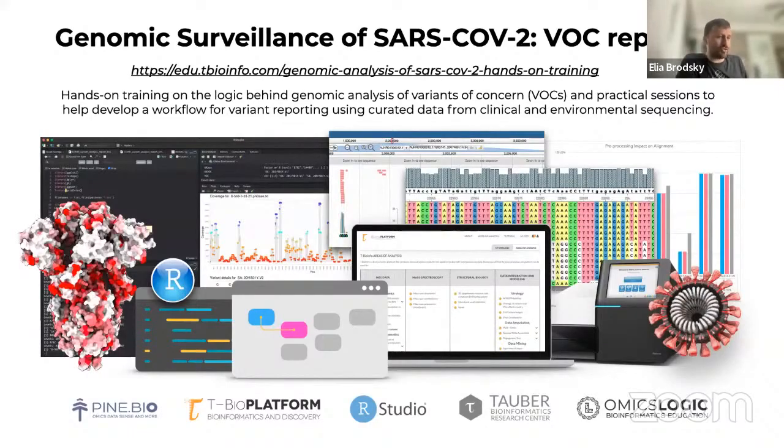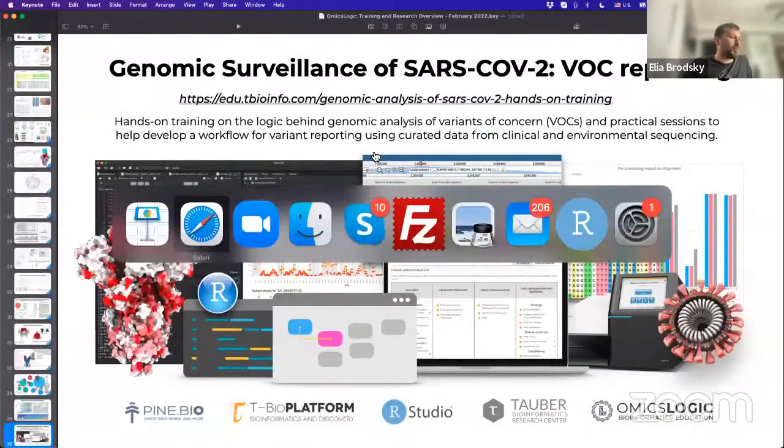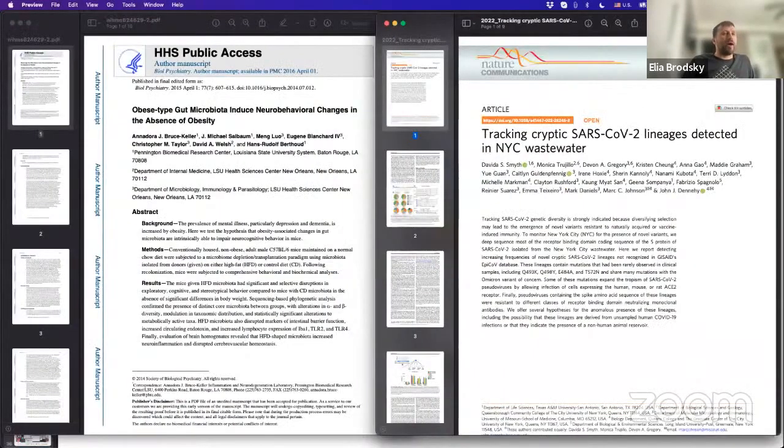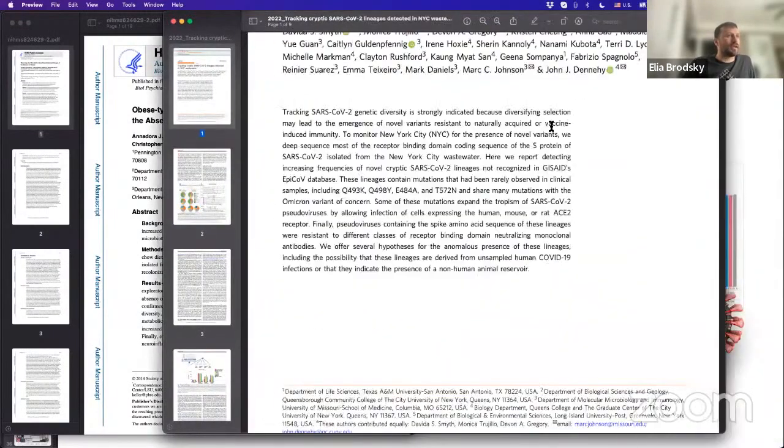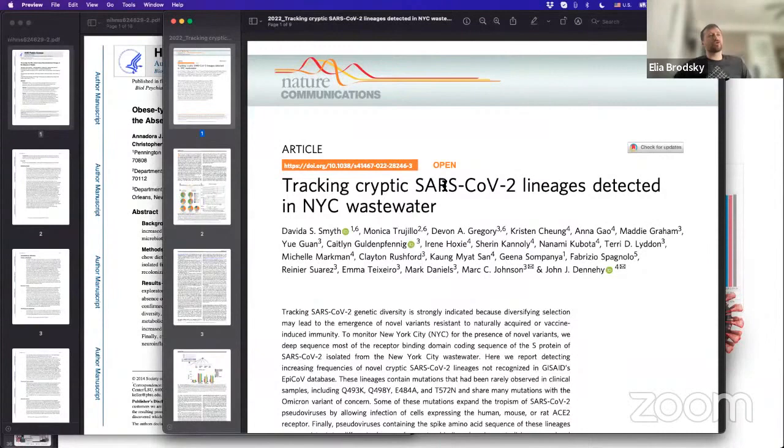But in addition to that, I want to point to a paper that recently came out, and this is the paper right here. It's called Tracking Cryptic SARS-CoV-2 Lineages Detected in New York City Wastewater.